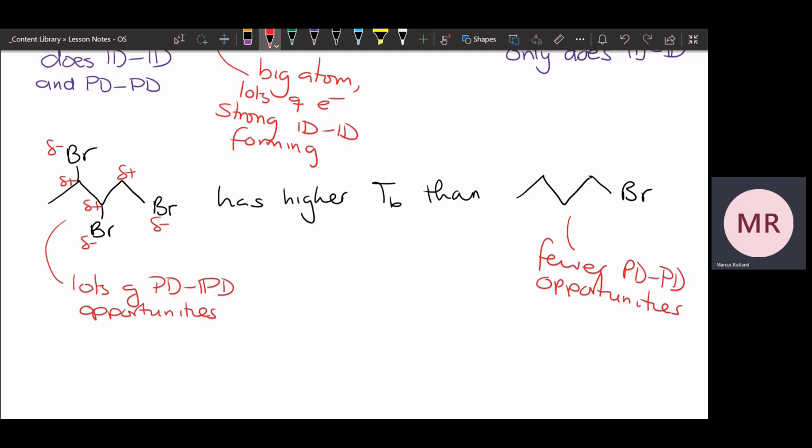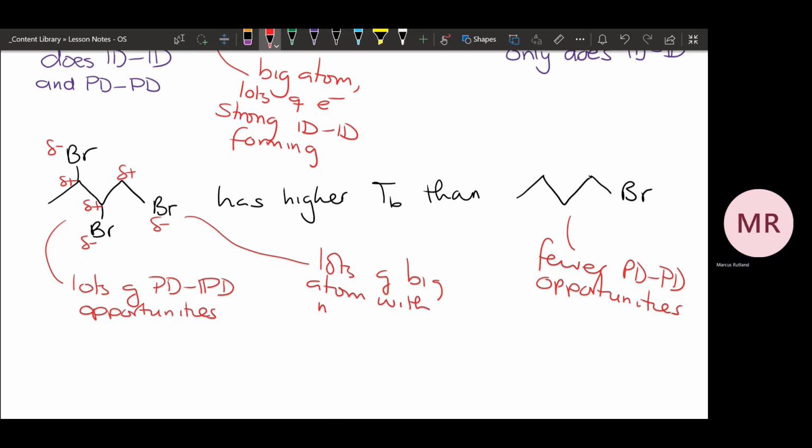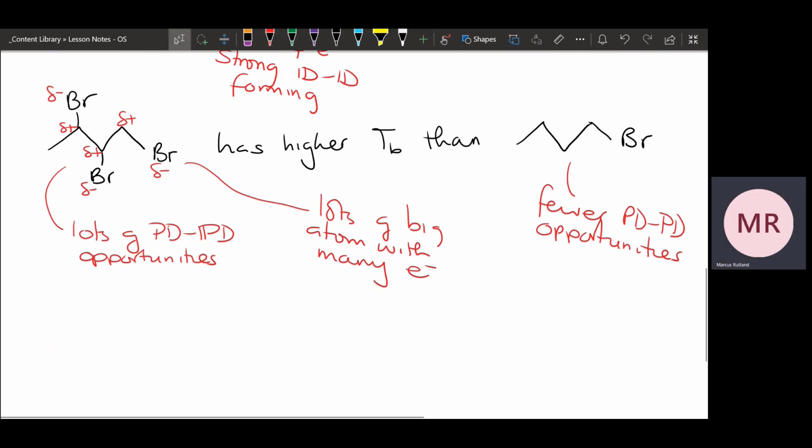But also, this one has atoms with lots of electrons, so lots of big atoms with many electrons. And so that's the instantaneous dipole induced dipole explanation again, that with 3 bromines, each of which has many electrons, you've now got lots of electrons in the molecule to move around randomly, creating large uneven charge distributions, large instantaneous dipoles therefore, and that can cause large induced dipoles on a neighboring molecule.